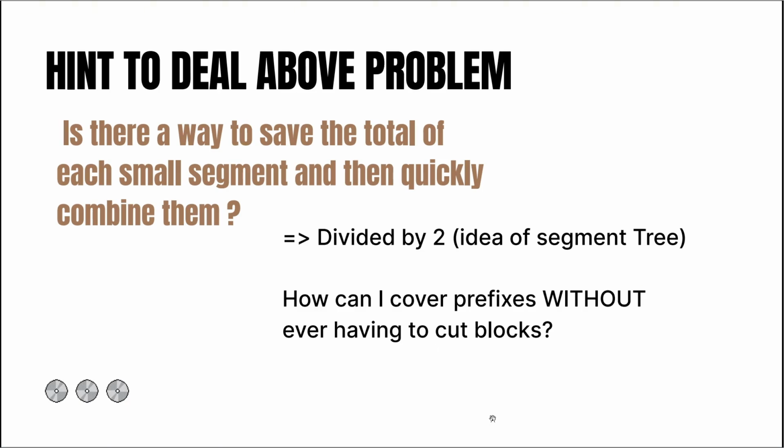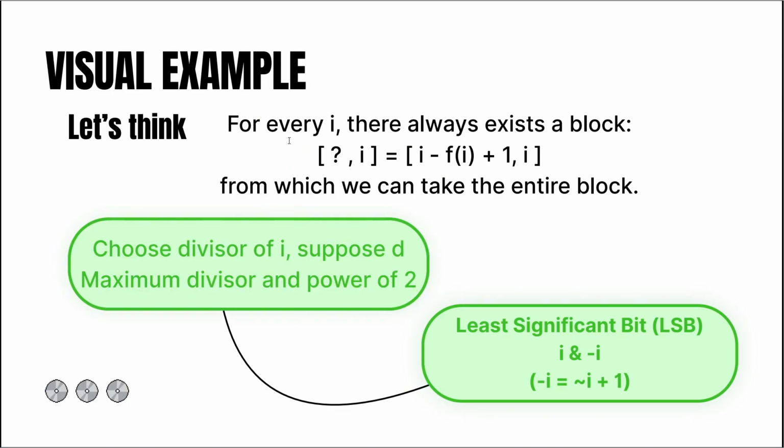Later, for each index i, we always access a block. This means index i stores the sum of a specific block ending at i. So instead of storing individual values, we store partial sums that can be combined later.